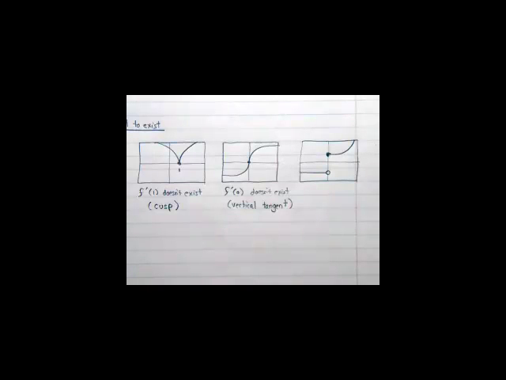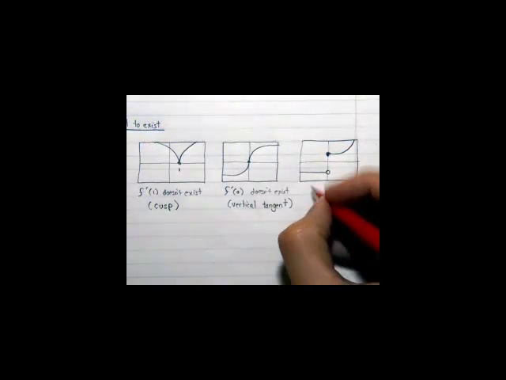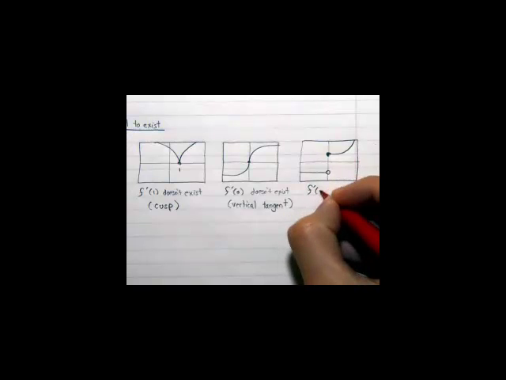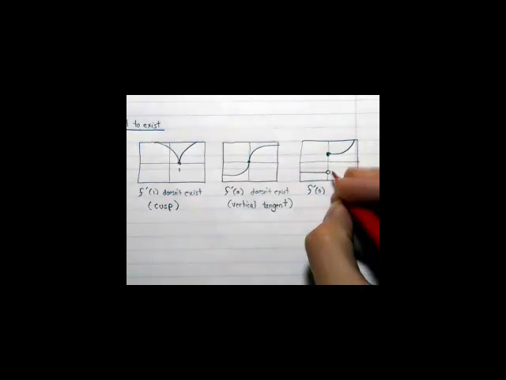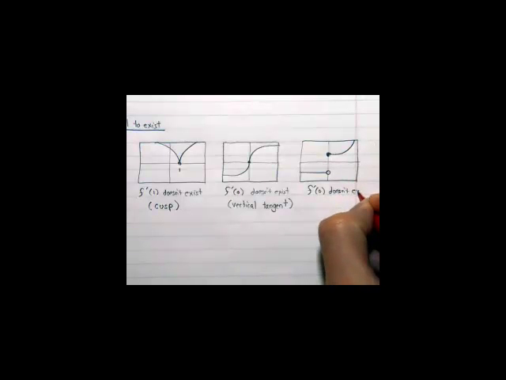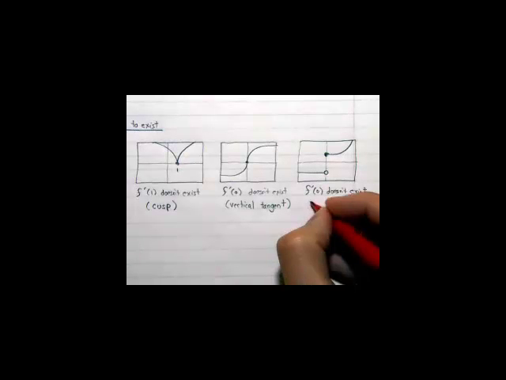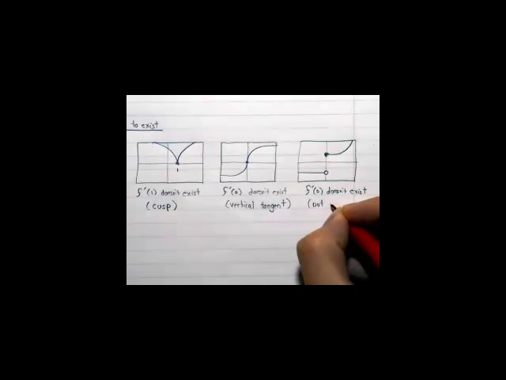To be differentiable, a function has to be nice and smooth and connected all the way through. If you want every point to be differentiable, it has to be smooth and connected. So any kind of discontinuity doesn't work. In this case, f prime of 0 doesn't exist, and that's because it is not continuous.